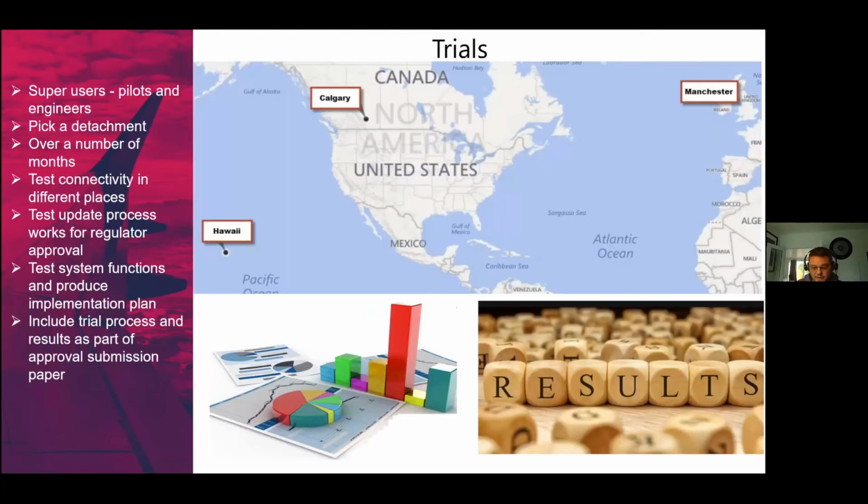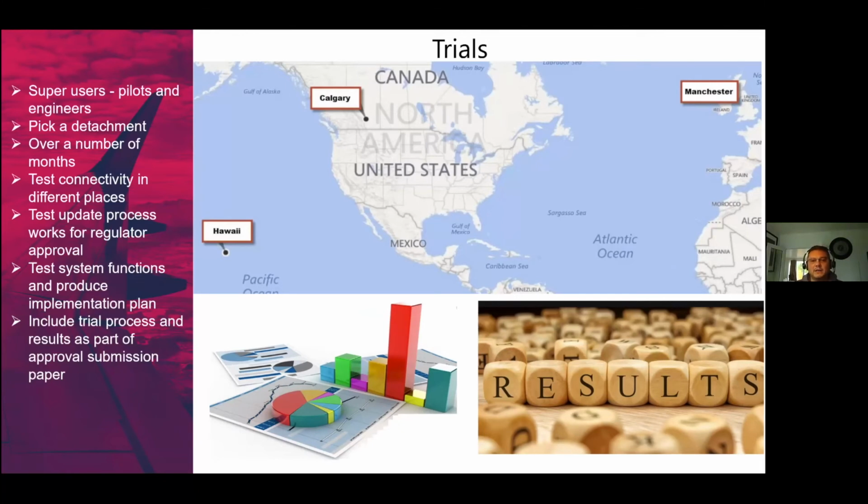Trials. This is something that I was involved in when I worked in the airline industry. In order to get an approval through, it's best to actually set a trial over a period of time. So you want a group of super users, that's pilots and engineers, and the best trial to put it on is a detachment.